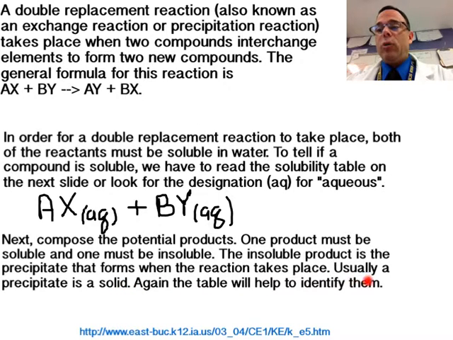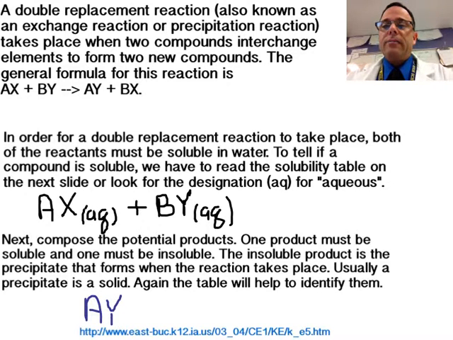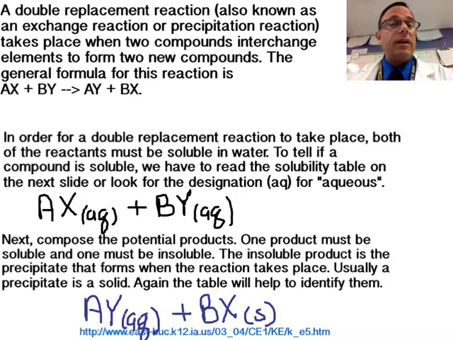Again, the table will help identify them. But let me write down our example from up here to show you what you would look for. So AY as a product. Now that one might be aqueous. And the BX, if it is a precipitate, it becomes a solid. So these are the things we're looking for.